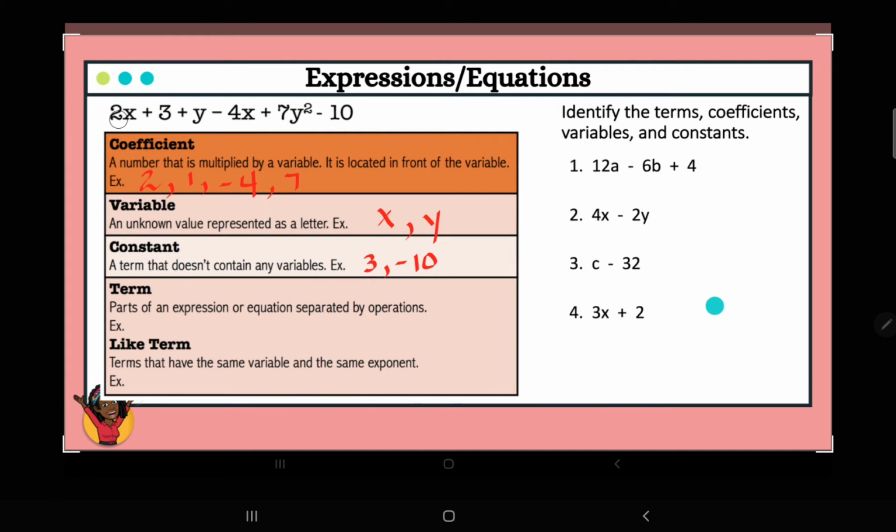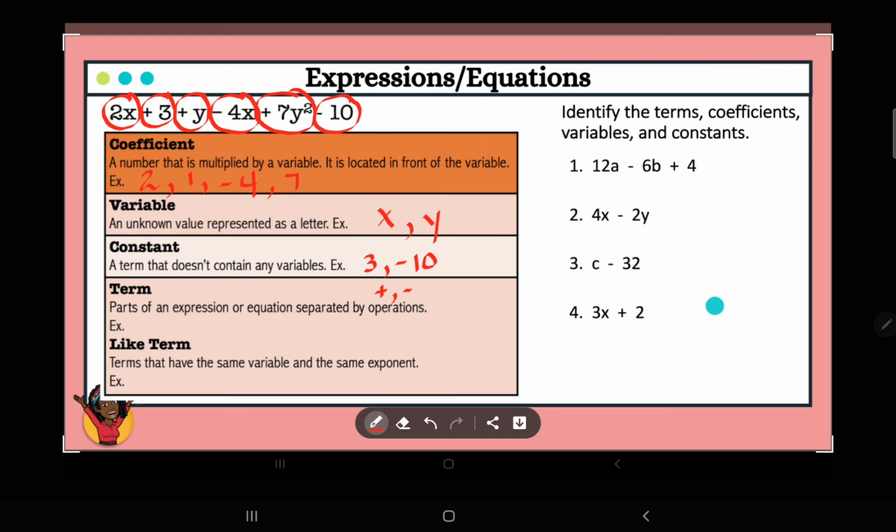Now for my terms, it says terms are parts of an expression or equation separated by operations, and the operations that we're referring to here are addition and subtraction. Based on this example, 2x is a term, positive 3 is a term, positive y is a term, negative 4x is a term, positive 7y squared is a term, and negative 10 is a term.